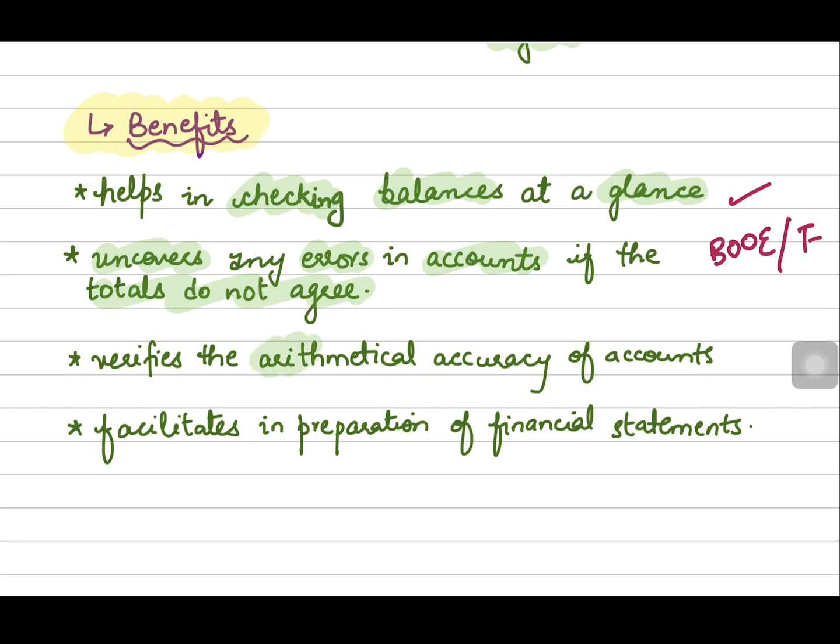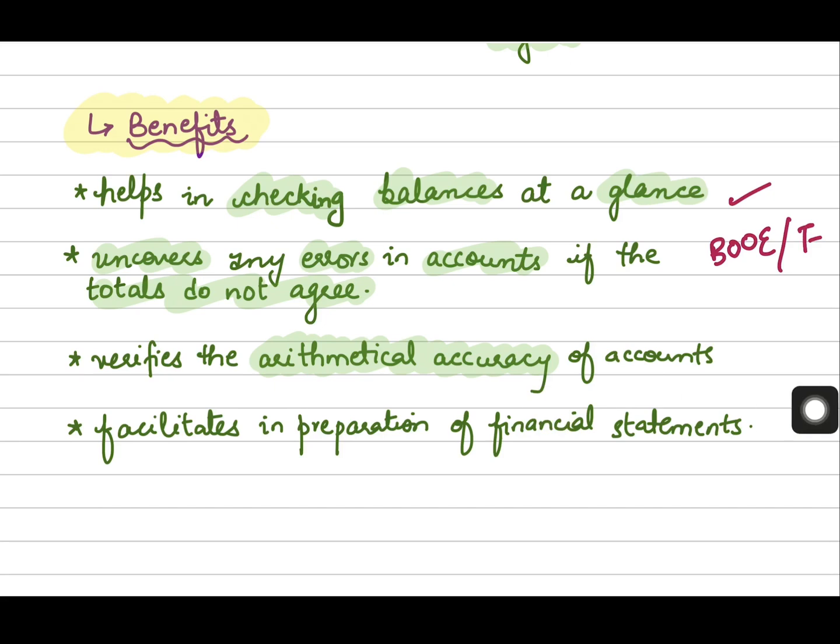It also helps verify that there were no arithmetical errors in your T accounts or in your books of original entry, whatever accounting and bookkeeping you have done. So the trial balance gives you an assurance that there were no mathematical errors.